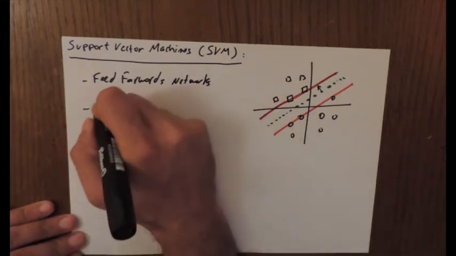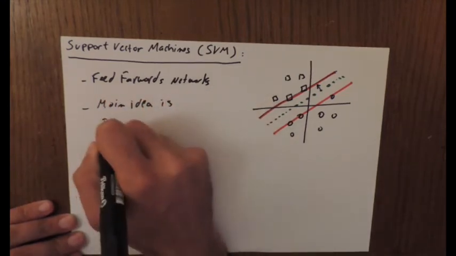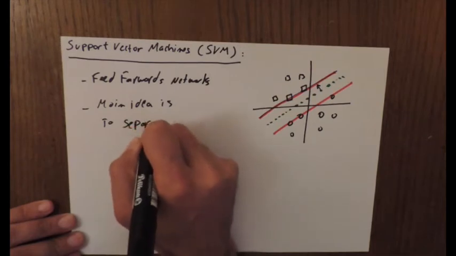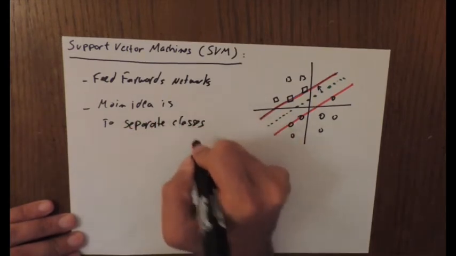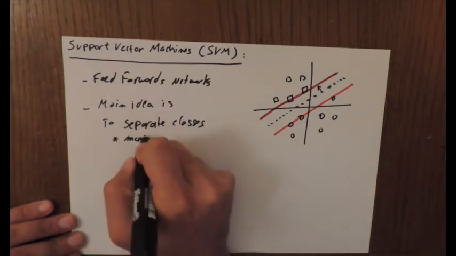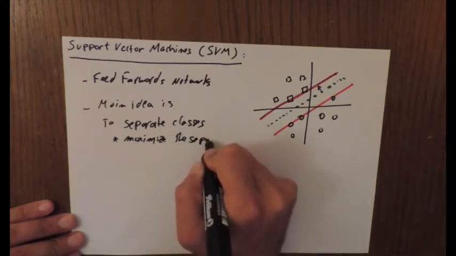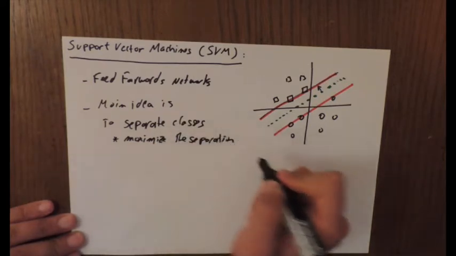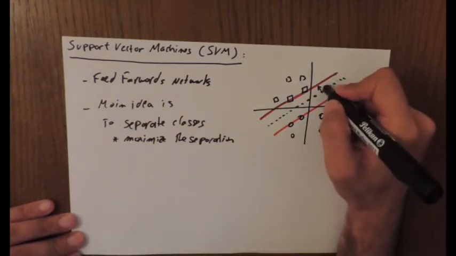So the main idea is to separate classes. There can be multiple classes. We want to maximize the separation. We can call this margin of separation, rho.